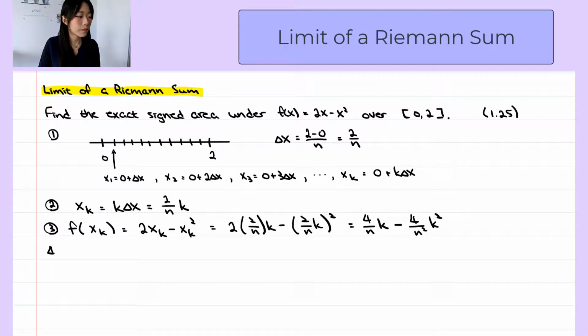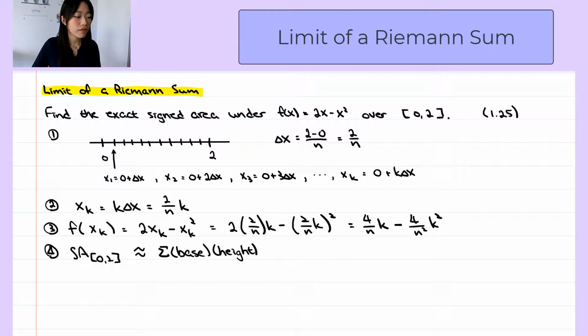Then the last step, same as before, we're going to sum up the area of all the rectangles. I'll denote the sine area as SA, and the interval from 0 to 2. If we were going to estimate this, from the previous video, we know that it equals the sum of base times height of each rectangle.